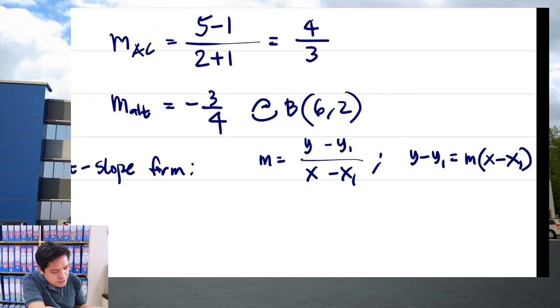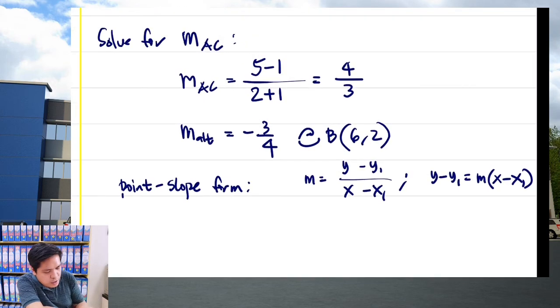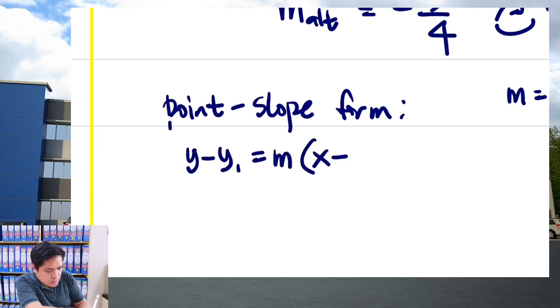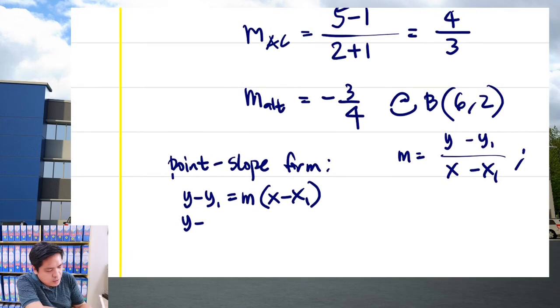In this case, our x1, y1 is the point B, 6, 2, and the slope, our m, is also given. So by point-slope form, y minus y1 equal to m times x minus x1. Our y is 2, so y minus 2 equal to m, the slope, which is negative 3/4, times x minus 6. Then simplify.